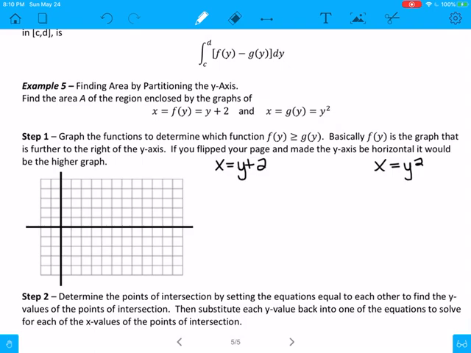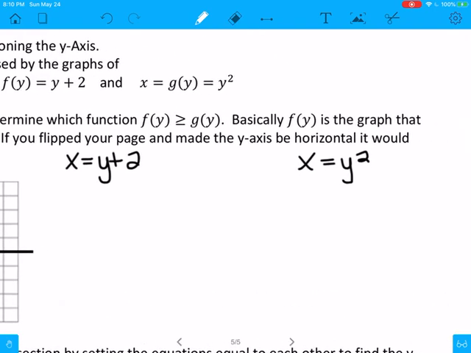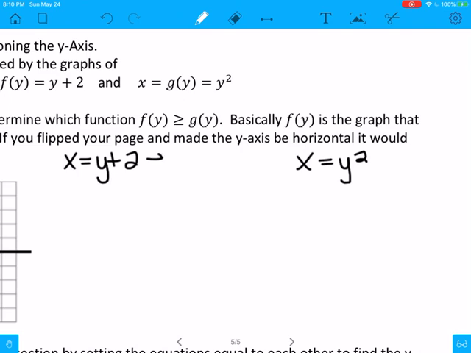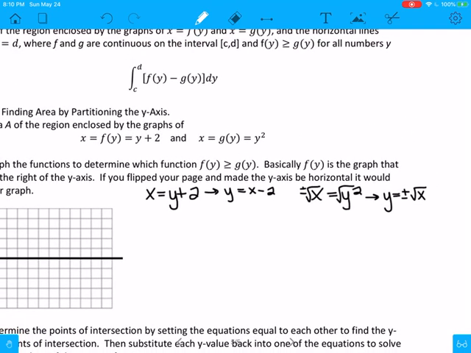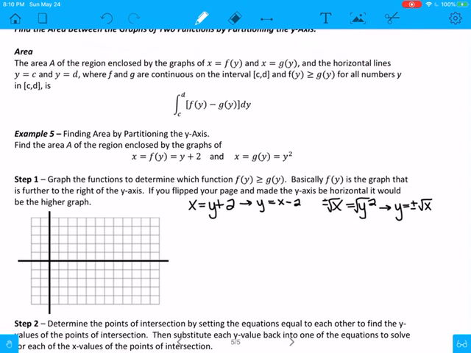But to sketch the graph, I'm going to flip them into y equals because it makes my life so much easier. So I'm actually going to sketch this by moving the 2 over, and I'm going to sketch x minus 2. And for this one, I'm going to square root both sides. And when I take the square root, it's plus or minus. So I'm going to get y equals plus or minus square root x. So that's how I'm going to sketch them. But I only switch them into y equals just to sketch them. Other than that, they stay in x equals.